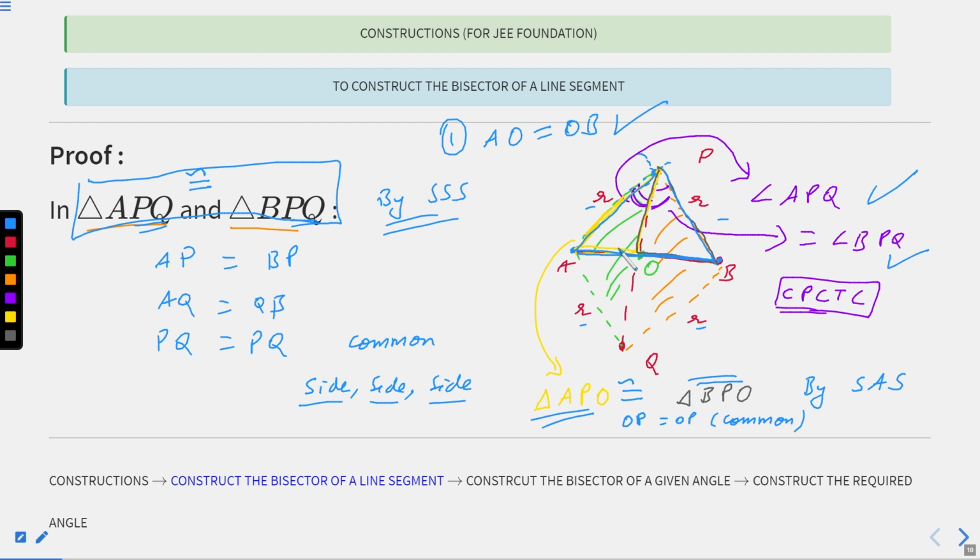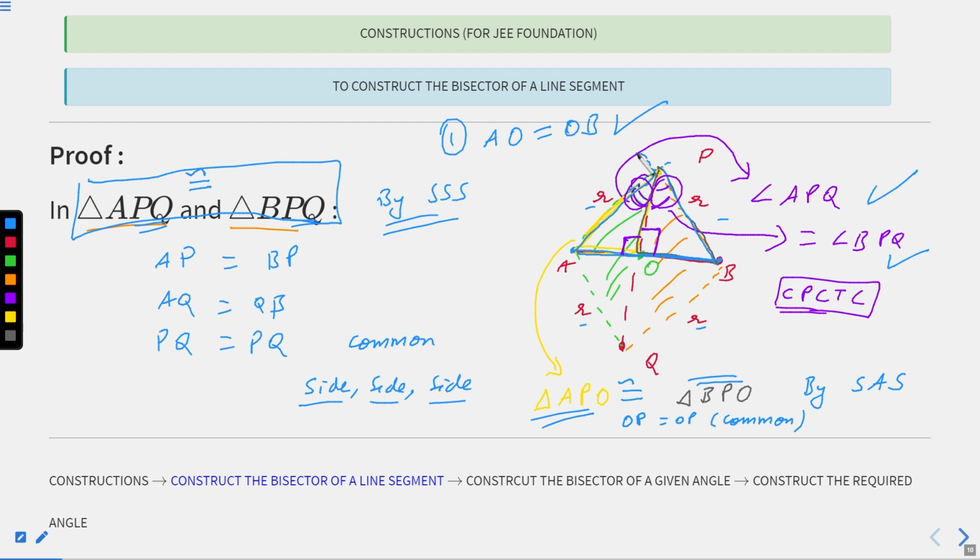Now what about the 90-degree angle, or the perpendicularity of the line? We know that this angle here is equal to the angle here, and by corresponding parts of congruent triangles, this angle is equal to this angle, and we know that on a straight line the angle is 180.